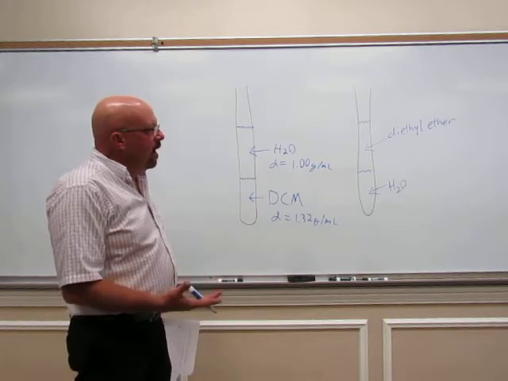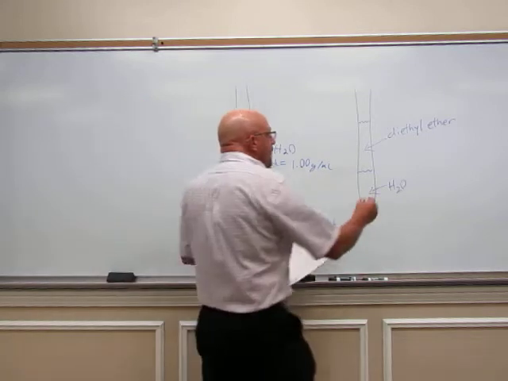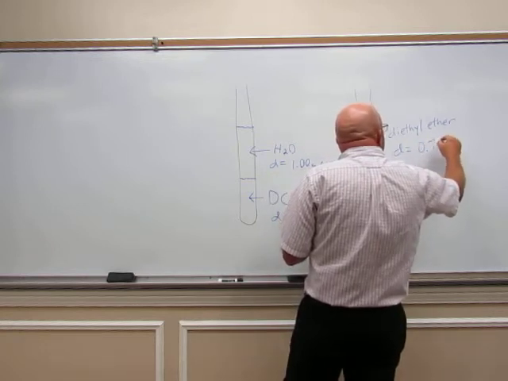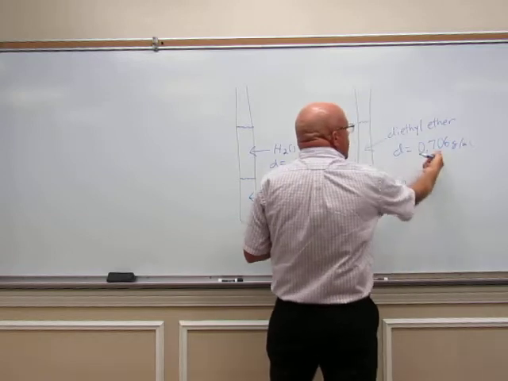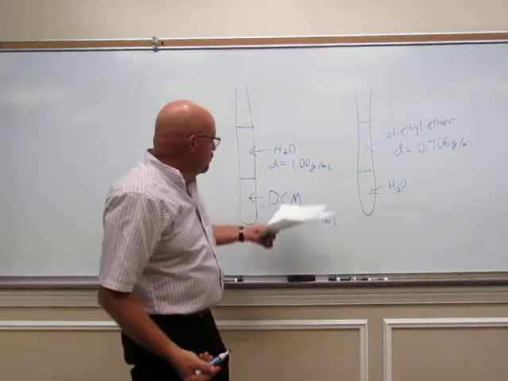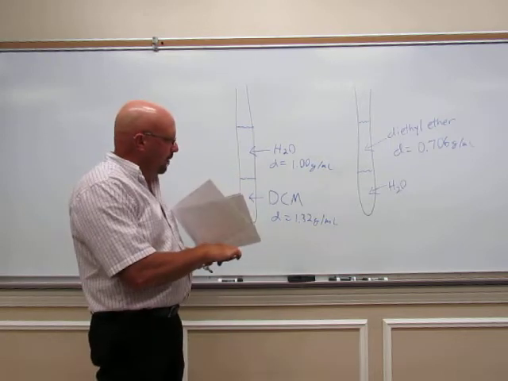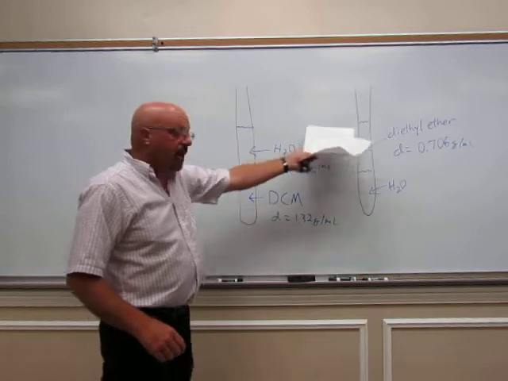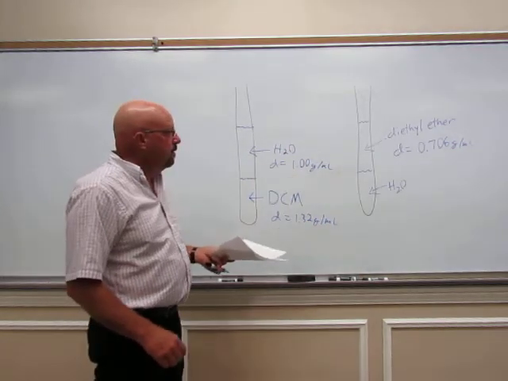But that's a very common solvent for a lot of organic reactions. And it has a density of 0.706 grams per milliliter. So you can see it's less dense than the water. Water, of course, we already said was 1. And so the organic layer is on top. So sometimes the organic layer is on top, sometimes it's on the bottom. It just depends on what our solvents are.